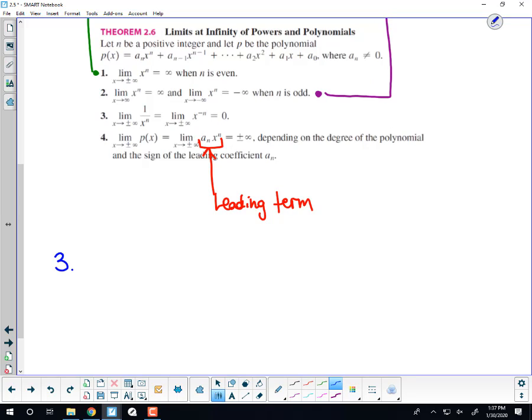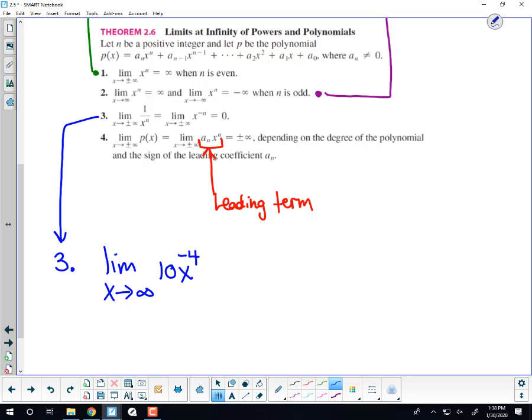So we didn't actually look at an example for number 3, so let's look at it here. Like the limit as x approaches infinity of, let's say, 10 times x to the negative 4. Notice explicitly 3 is the only one that deals with x to negative powers, and those things aren't polynomials, right?